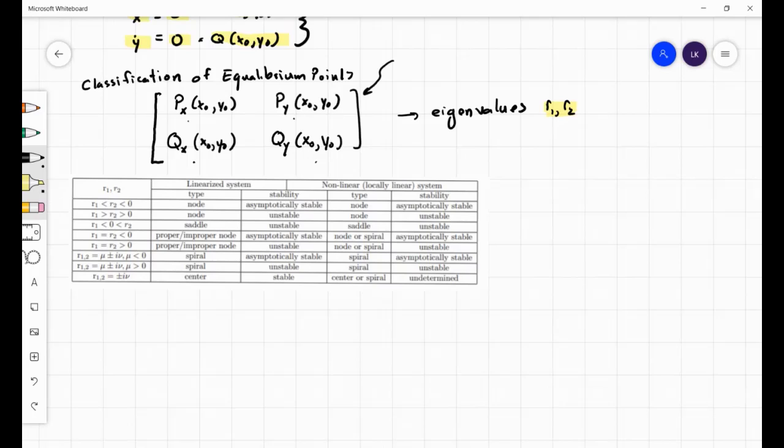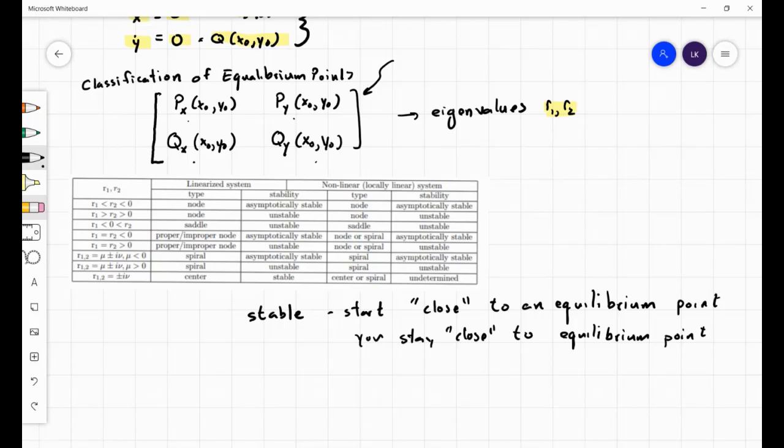asymptotically stable, or unstable. Stable just means that if you start at a position close to an equilibrium point, you stay close to it.